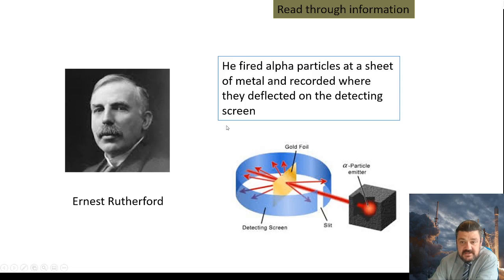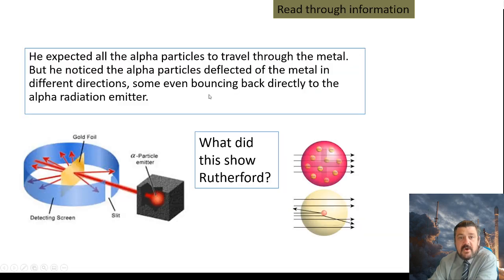So here's our alpha particle emitter. It gets fired at the gold foil. He expected everything to pass straight through. However, it deflected quite substantially all over the place. He expected all these alpha particles to travel through the metal, but he noticed that the alpha particles deflected off the metal in different directions, some even bouncing back directly to the alpha radiation emitter.